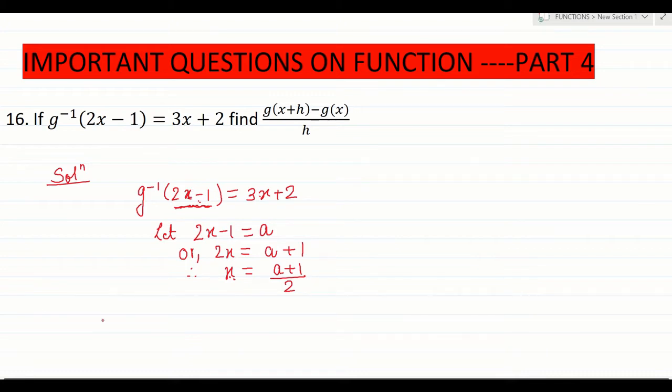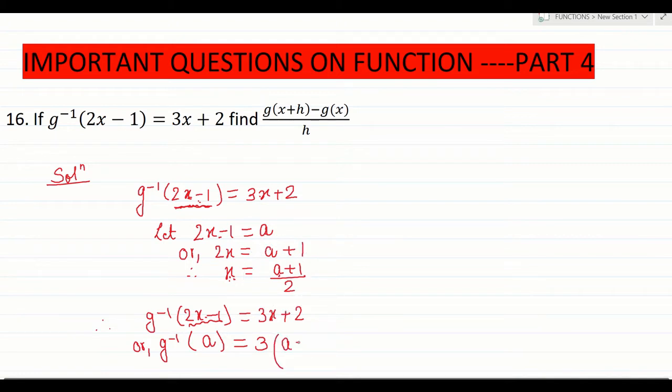Now, therefore, g inverse of 2x minus 1 equal to 3x plus 2 can be written as g inverse of a, instead of 2x minus 1, equal to 3 times x, and this x can be replaced by (a plus 1) by 2, so it is 3 times (a plus 1) over 2, and this plus 2 as it is.